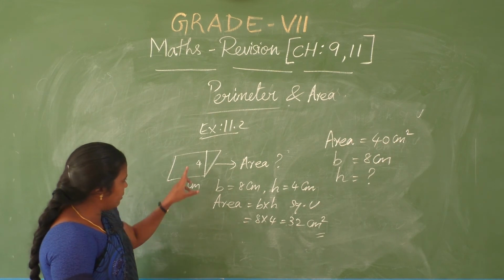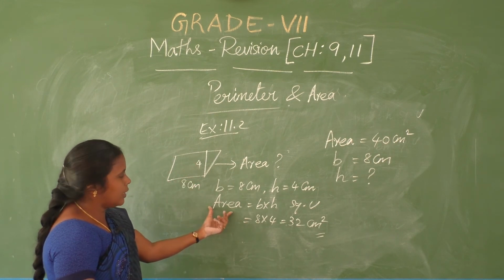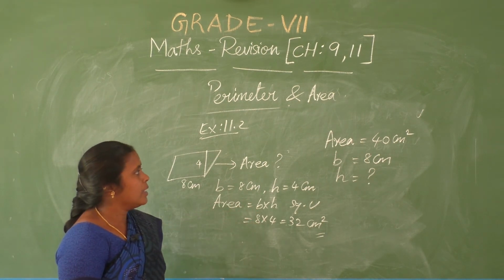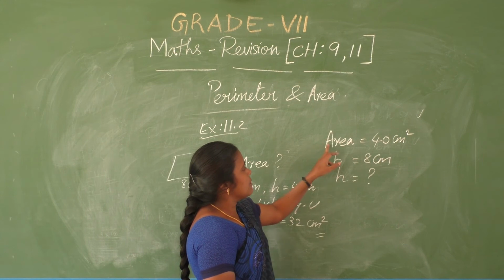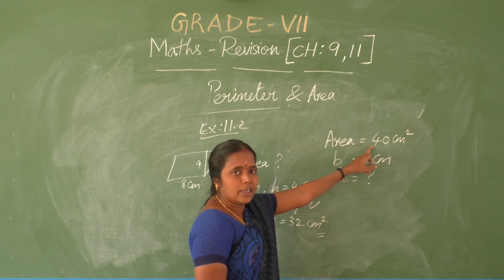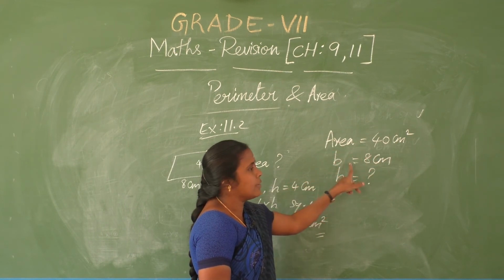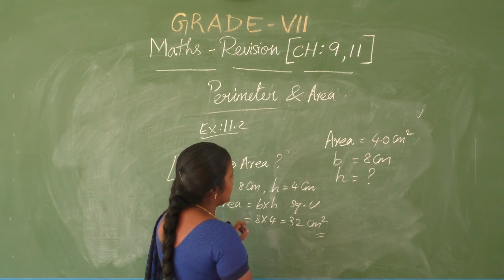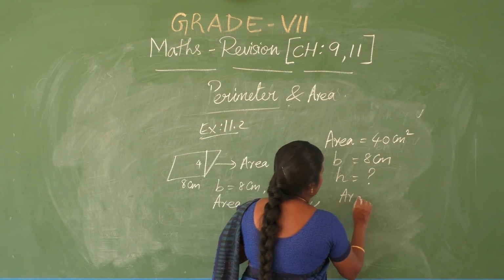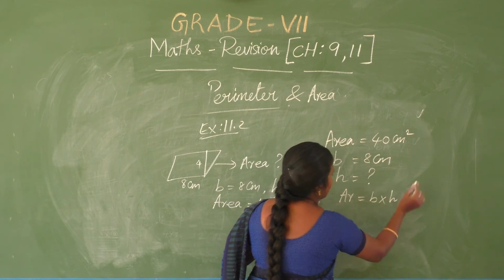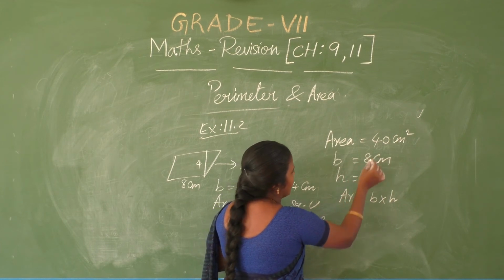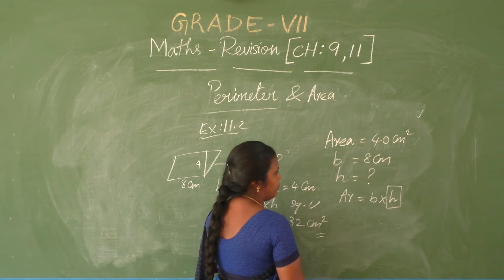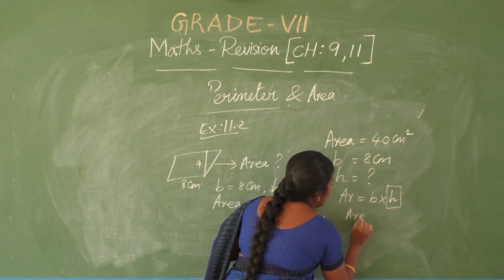Here earlier, base and height were given and area was asked. Sometimes the area will be given and among the two measurements, one is given, and you have to find the other one. At that time, what to do? Area equals base into height. Base is given and only height is wanted, so to find the height, this has to be divided. So area by base.